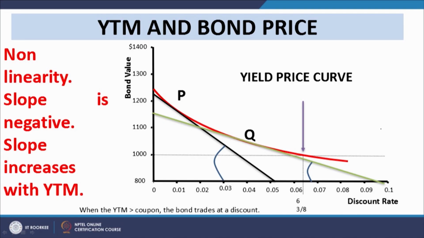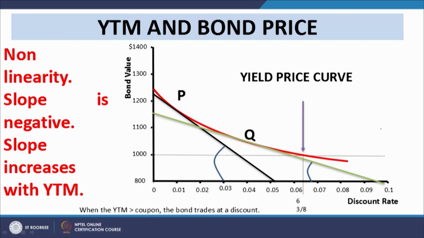The most important part that I want to emphasize here is 2 things. 1, the plot is downward sloping. 2, the plot is not a straight line. In fact, as you can see here, it is convex towards the origin, it has a certain amount of curvature, and therefore, it has a positive convexity.